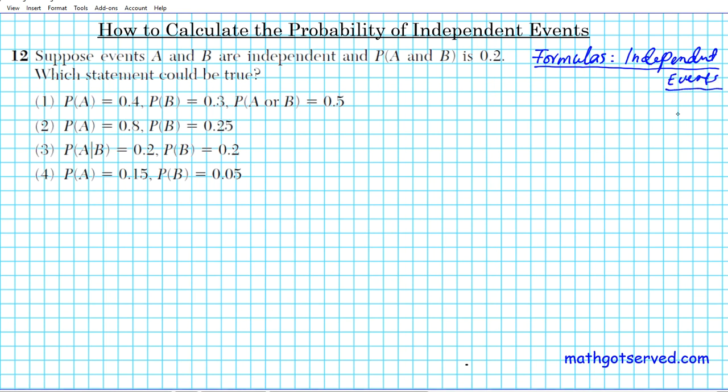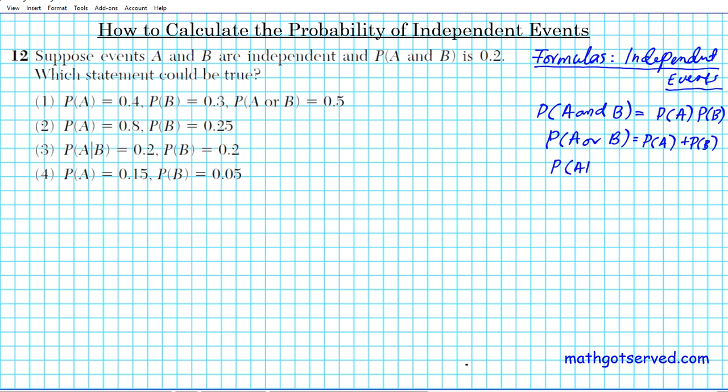First of all, probability of A and B, like what's given here, if they're independent events, is simply the product of the individual probabilities. Probability of A or B is the sum of the individual probabilities, since we have independent events here.